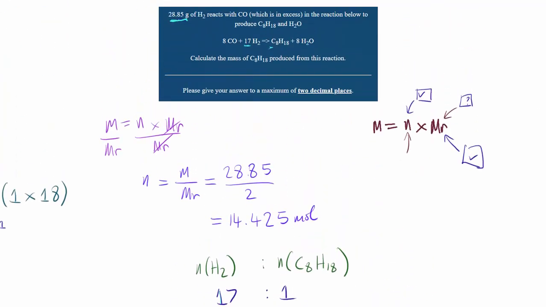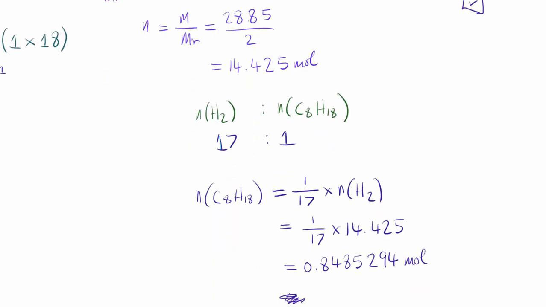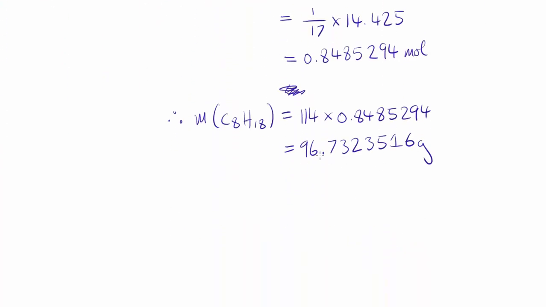Now, as the final stage, we're going to look back at our question and confirm what it's actually asking us to do. The question specifies to calculate the mass of C₈H₁₈. We have calculated the mass, but it goes on to say, please give your answer to a maximum of 2 decimal places. So we need to make sure our answer fits within that parameter, which currently it doesn't quite.